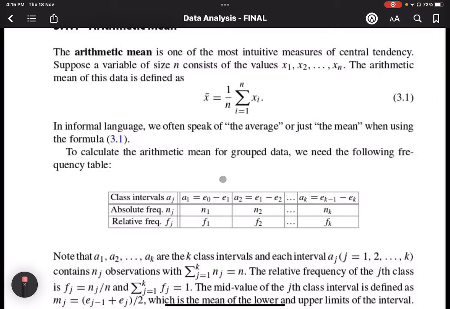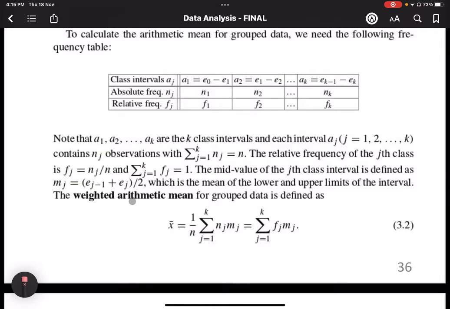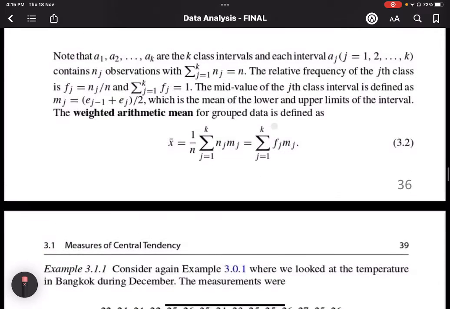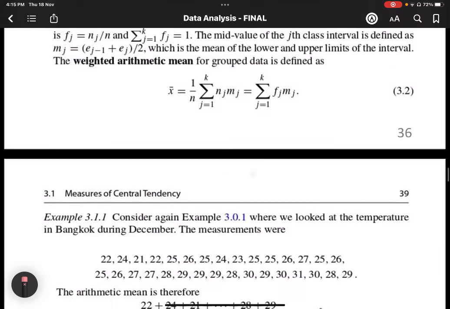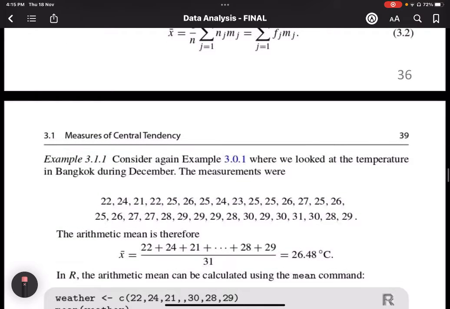Ito yung ating mga class or groupings, in case na yung ating i-analyze ay group data. We have one variation ng arithmetic mean, which is the weighted arithmetic mean, which is used for group data. Okay? So pag nakita niyo yung f_j m_j, that is a weighted arithmetic mean for group data.